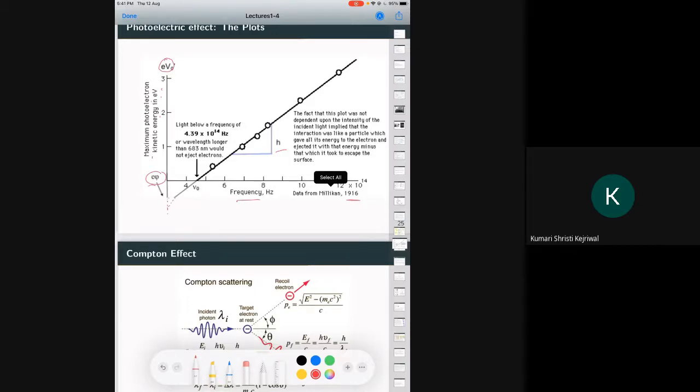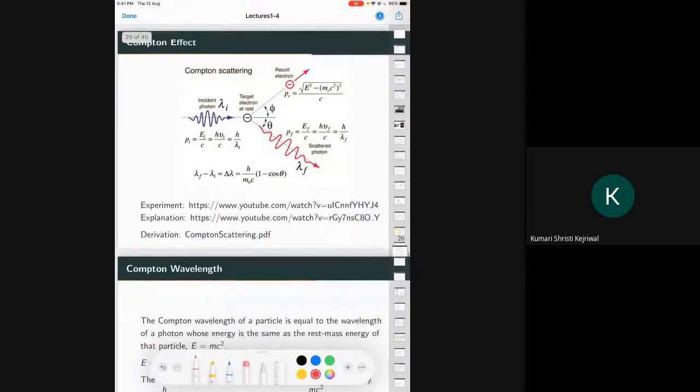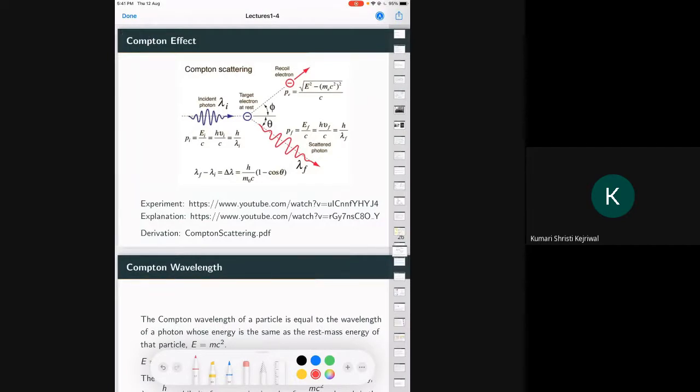Simple enough. Now I'll just introduce the Compton effect. What is the difference between the Compton effect and the photoelectric effect? In the Compton effect, again, you have light incident on matter, and then the light gets scattered. It's a little bit different, in the sense that it is not an electron being emitted from a solid surface, as in the photoelectric effect.